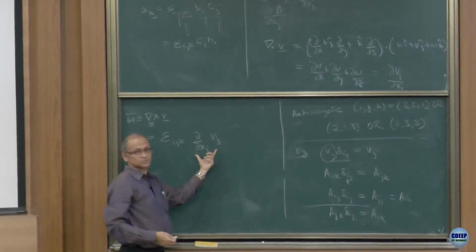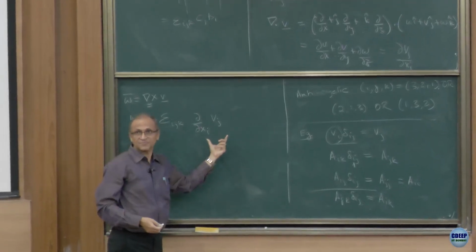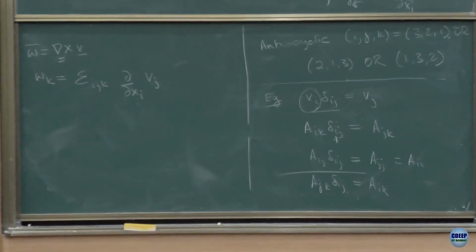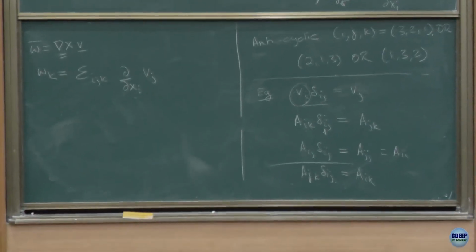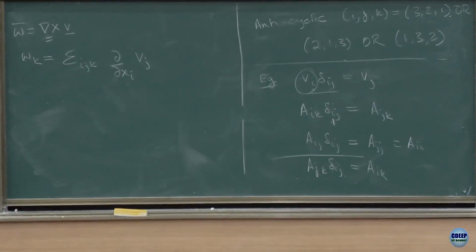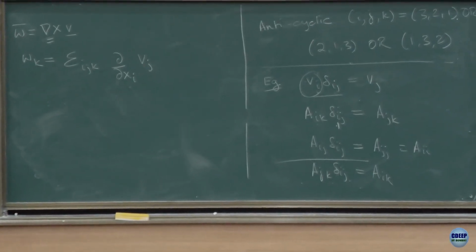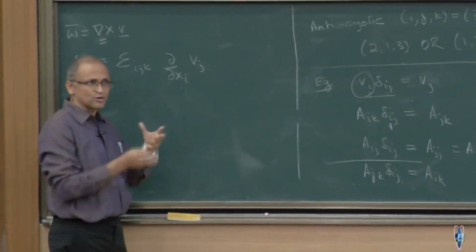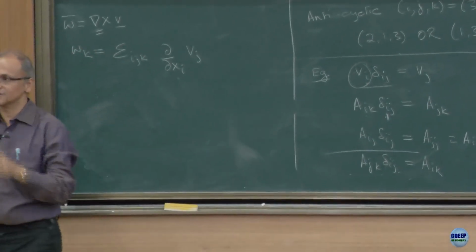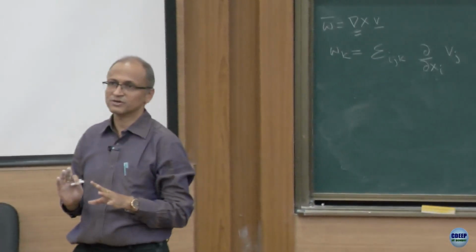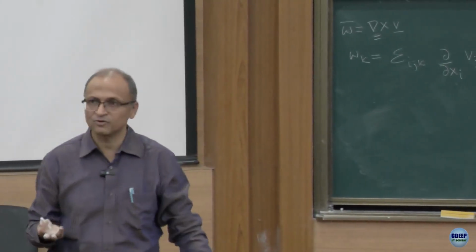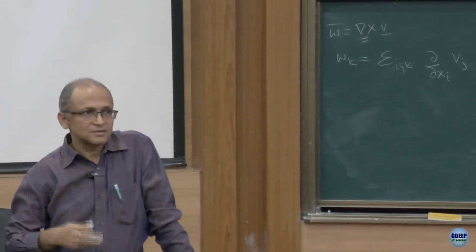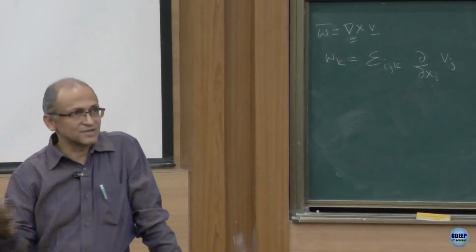We cannot interchange these two, because the derivative is operating on a particular quantity, so we cannot change the meaning. That's the only caution. Here the derivative and the vector component are not interchangeable, but in other cases, when it is not a derivative operator, we can interchange them.